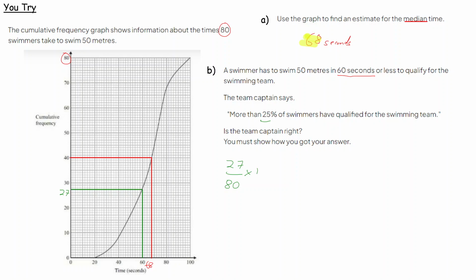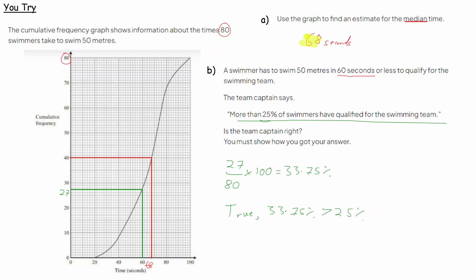We times that by 100: 27 over 80 times 100 is 33.75%. So more than 25% of swimmers have qualified for the swimming team, so that statement is definitely true, because 33.75% is greater than 25%.